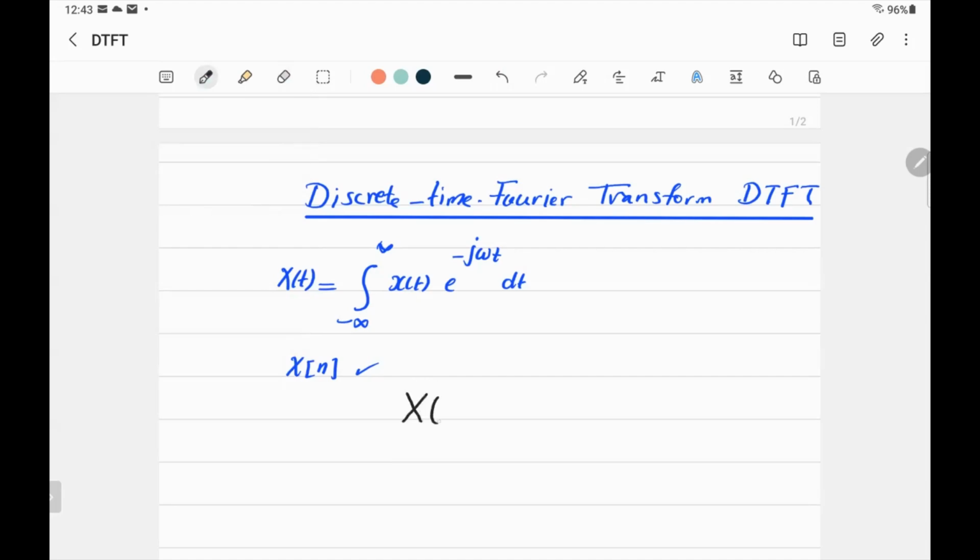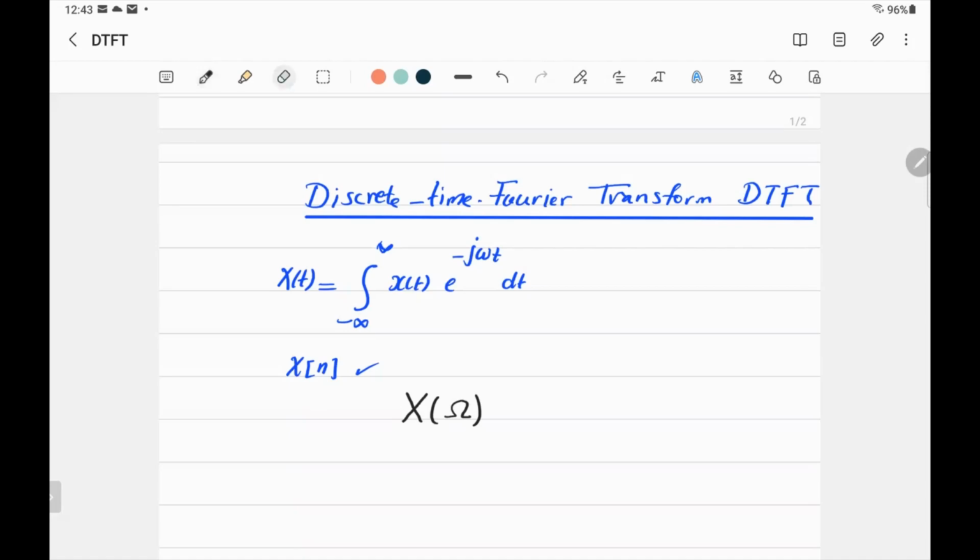We still can write omega as we did here, but we are going to use the uppercase omega just to differentiate between the continuous time signal and discrete time signal. Some textbooks use different notation, but no single textbook uses the same thing. They have to differentiate by something.